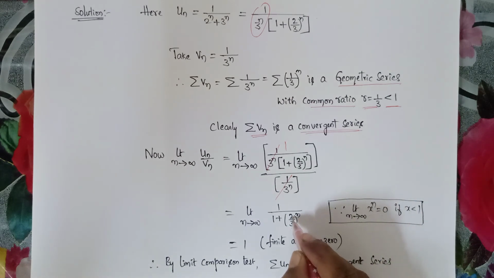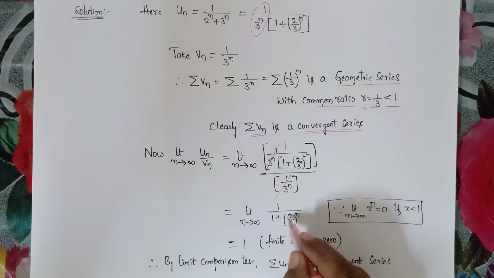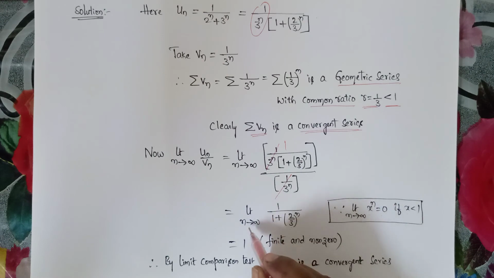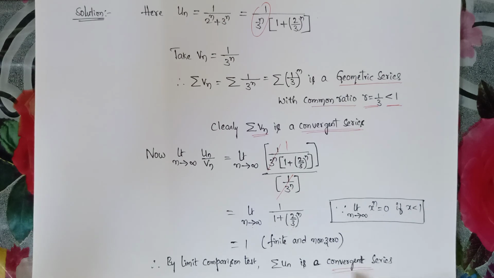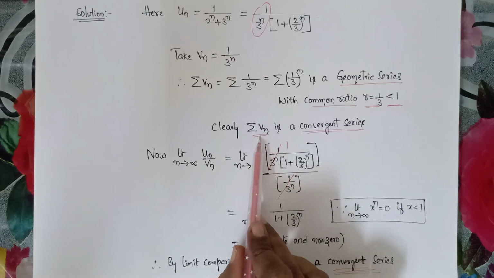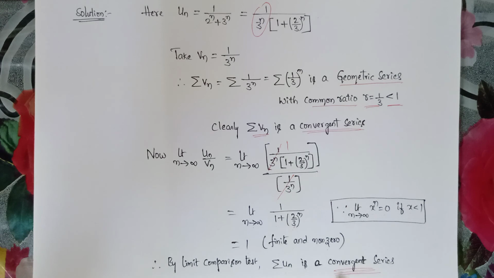Here x is 2 by 3, which is less than 1. Therefore, on applying the limit this is 0, so 1 by 1 plus 0 gives 1, which is a finite and non-zero quantity. Therefore, by the limit comparison test, sigma un is also a convergent series. Since sigma vn converges, sigma un also converges.